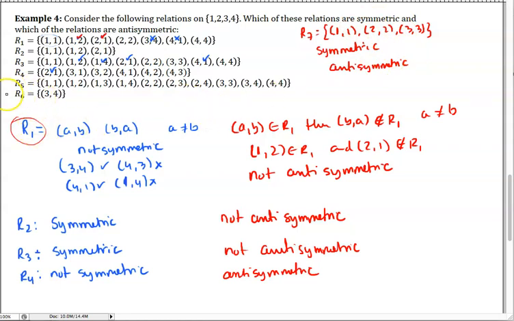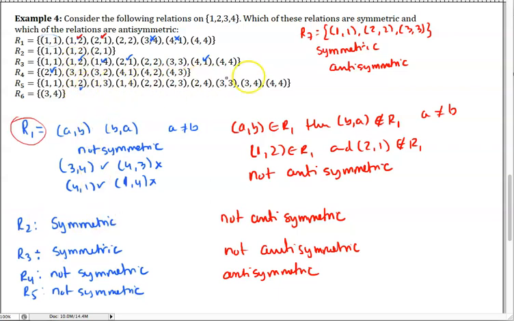All right, let's look at 5 and 6. Okay, so R5. Let's see if it's symmetric. I have 1, 2, is 2, 1 in there? It's not, so this is not symmetric. Okay, let's check for anti-symmetry.